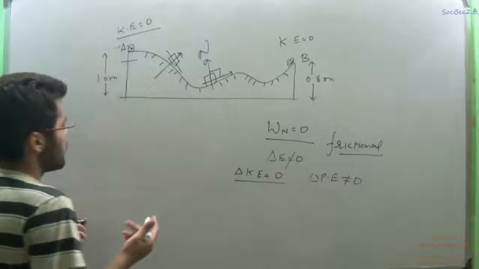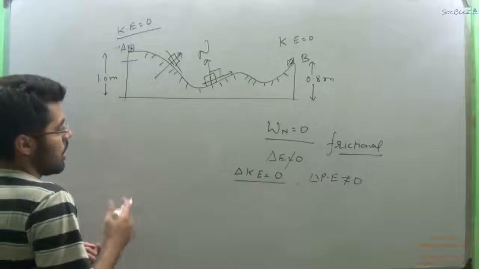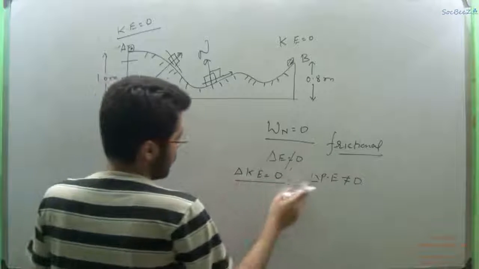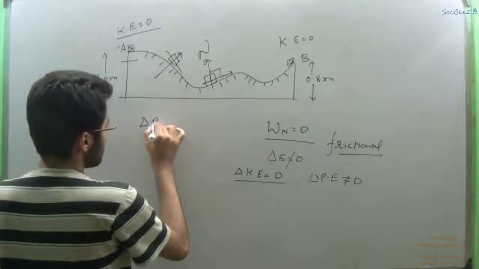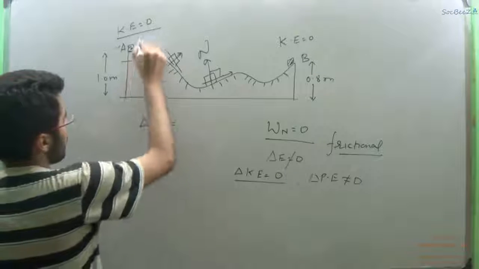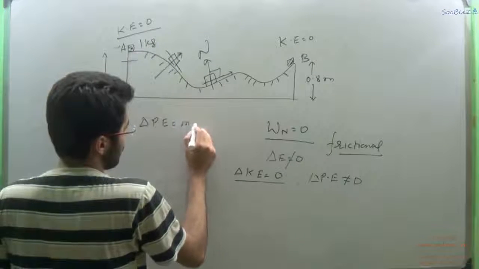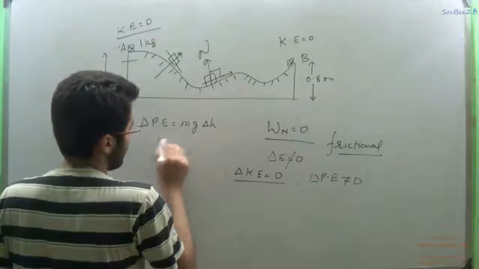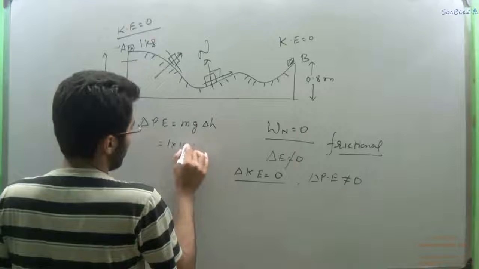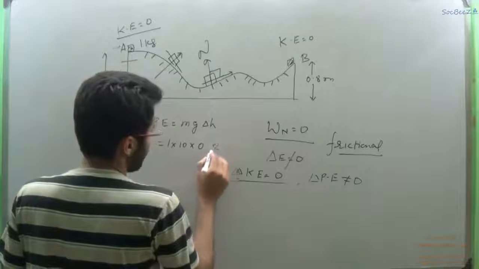The easy way out is, let's apply the work energy theorem. Del K is 0, del P is not 0. So what is del P in this case? If the object is of say 1 kg, so mgh, mg del h. So 1 into 10 into 1 minus 0.8, that is 0.2.